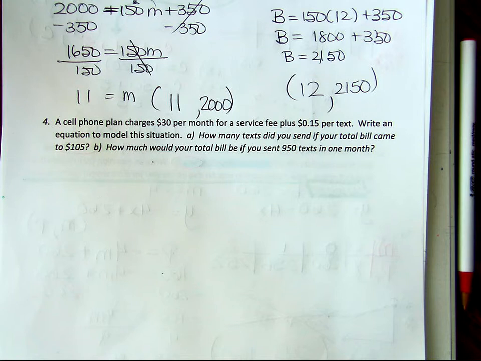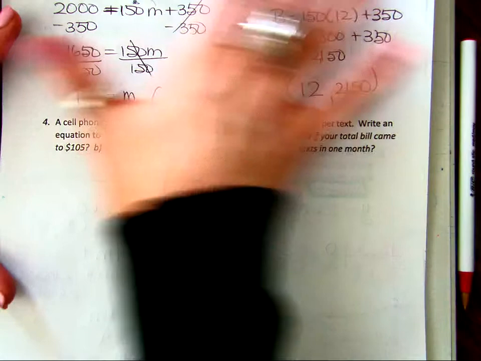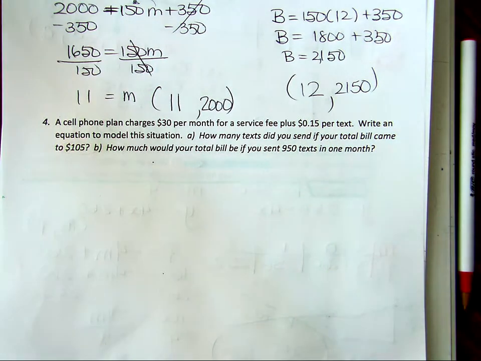We're almost done. Hang in there, because you see a per month and a per text. They both probably look like rates of change to you, right? But which one do you think is your real rate of change? Per text, because let's say the whole problem takes place in 1 month. Do you know what I mean?